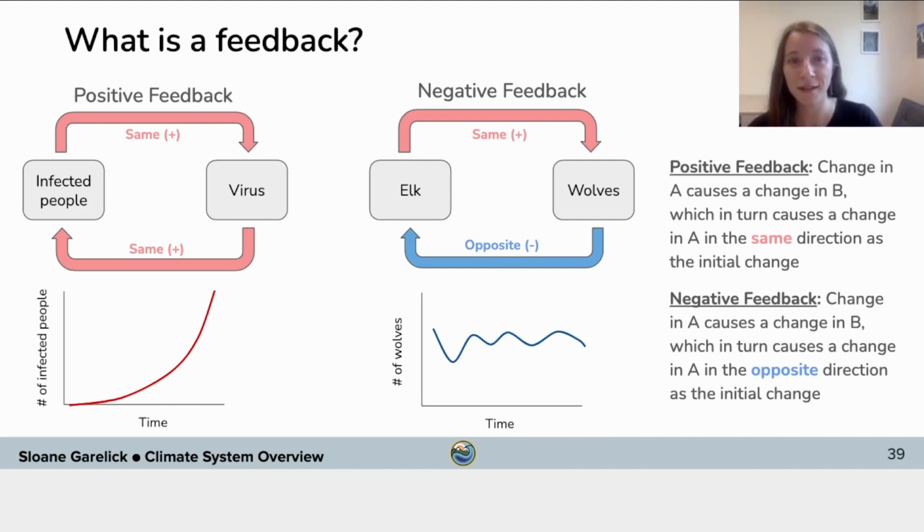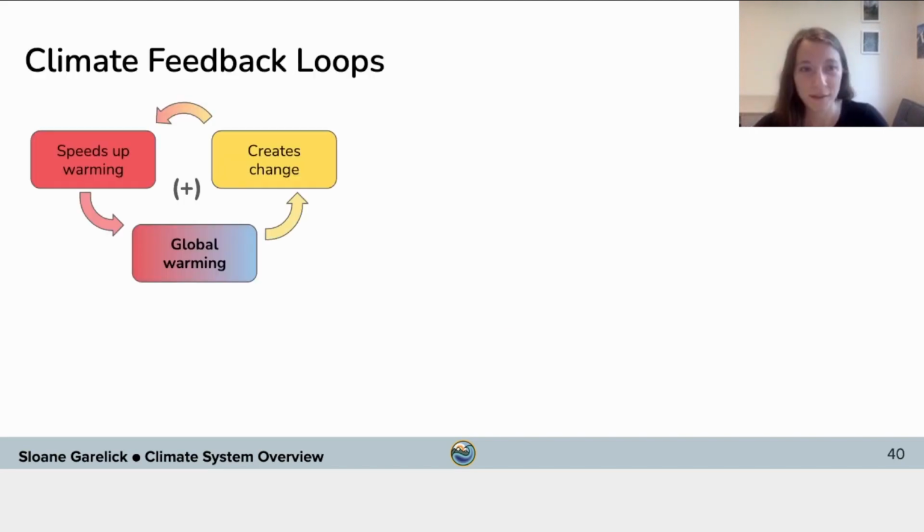Now we can take a look at examples of climate feedbacks and climate feedback loops, which is when multiple processes are interacting. If we think about a positive climate feedback, we might start out with an initial warming, and this warming creates some sort of change in the climate system that speeds up the warming process.